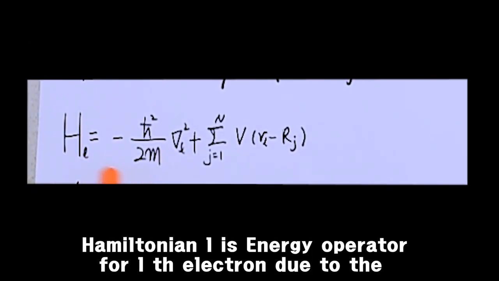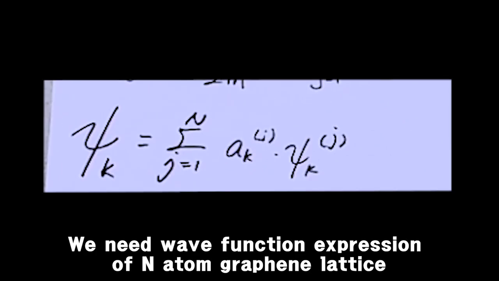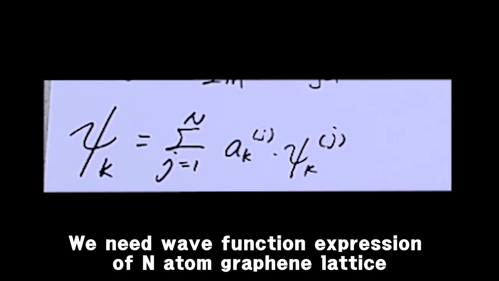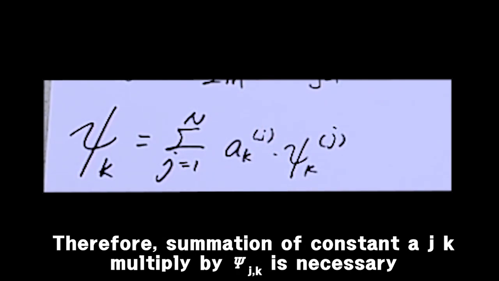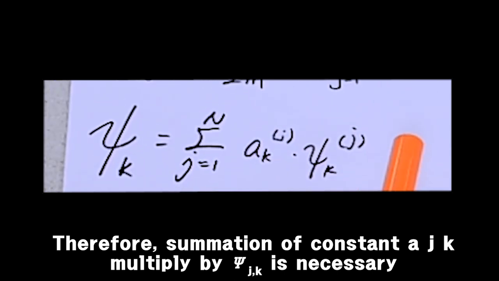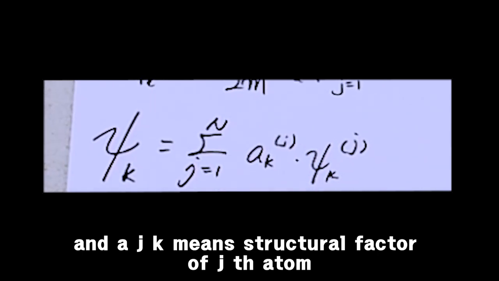Hamiltonian L is the energy operator for the L electron, due to the difference in orientation of each electron. We need the wave function expression of the n-atom graphene lattice. Therefore, the summation of the constant ajk multiplied by psi jk is necessary, and ajk means the structure vector of the jth atom.